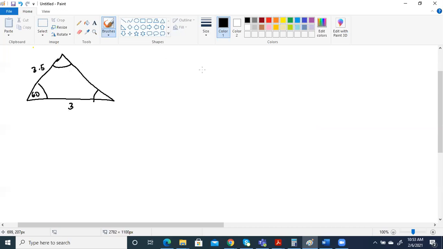I'm going to label these angles and sides so that we can keep track of them. We'll call the angle that we know A, call the one over on the left B, and call this one C. We just label them so that we can track them.